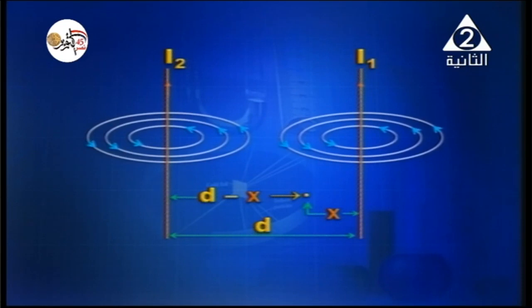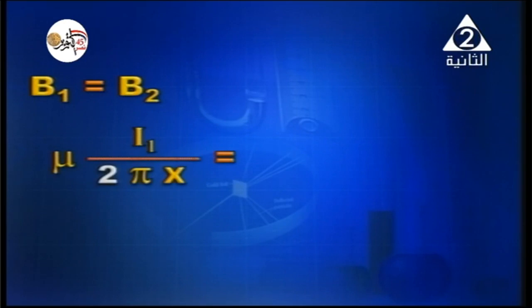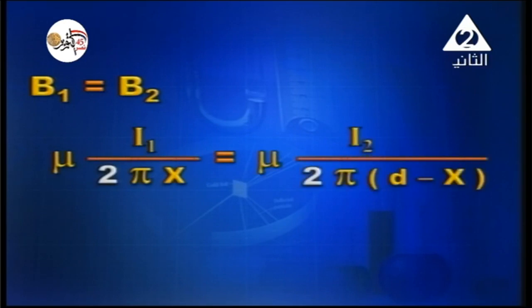The two fields are in opposite directions, so B total will be the difference between the two fields. So B1 minus B2 is equal to 0, or B1 is equal and opposite to B2 to obtain a neutral point. So mu I1 over 2 pi x is equal to mu I2 over 2 pi (D minus x). And of course, mu, 2 and pi will be crossed out.